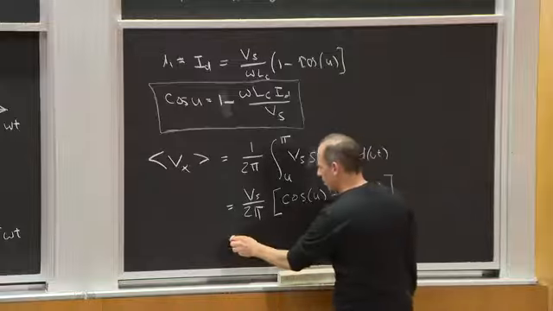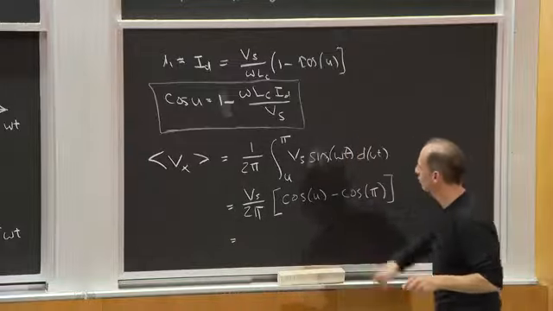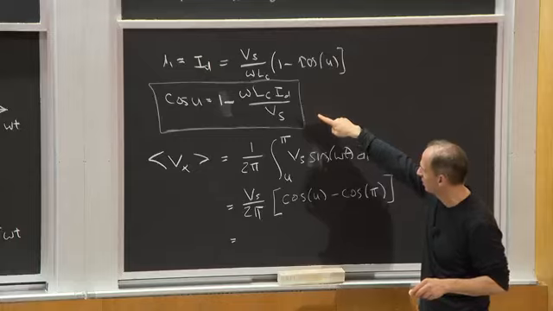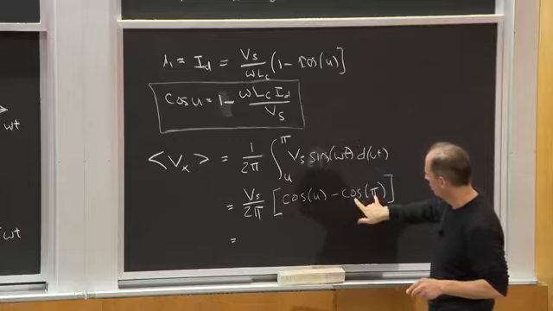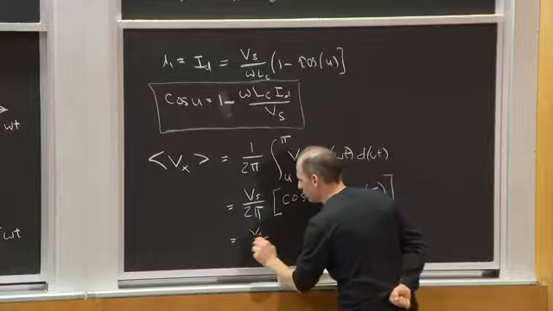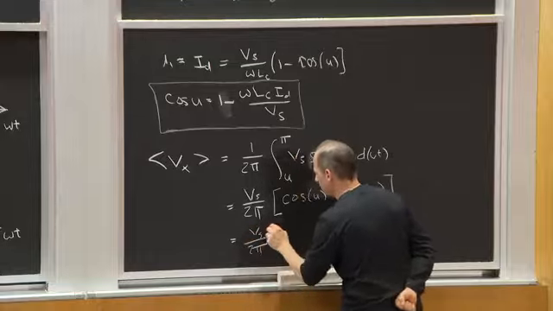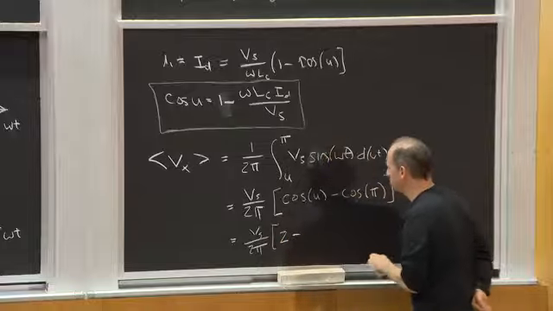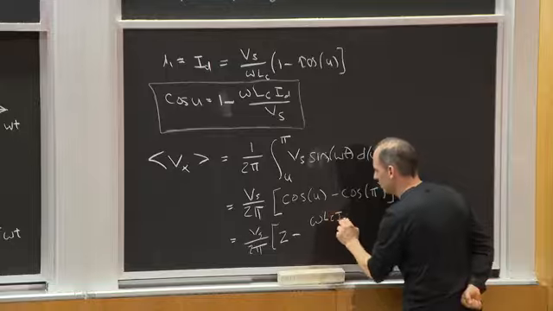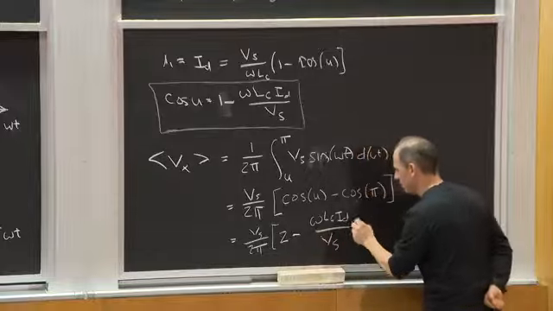Okay, well, if I work that out, then what's the cosine of u? Well, conveniently, I have that here. That's 1 minus omega LC ID over Vs. What's cosine of pi? It's minus 1. So this becomes Vs over 2 pi times 2 minus omega LC ID over Vs. Okay?